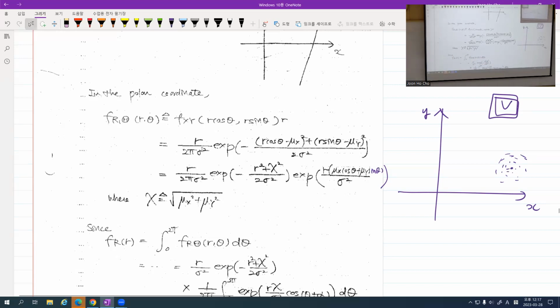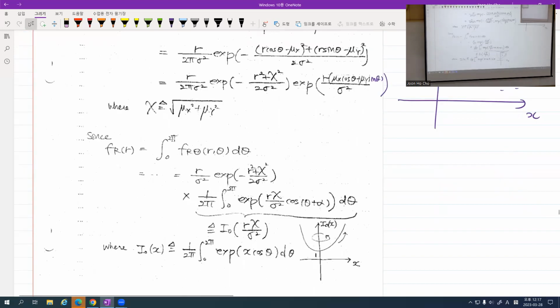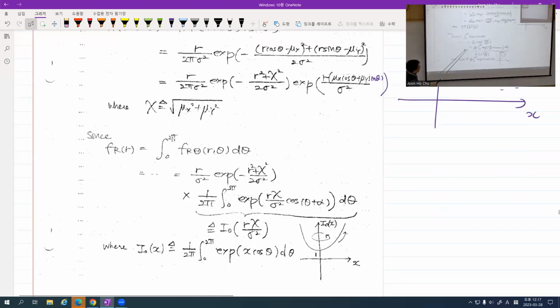However, we can still compute the density function of the radius. And that is painful. Here, there is no closed form. And people, especially mathematicians, have confronted that integration again and again, so they named it and also tabulated it.